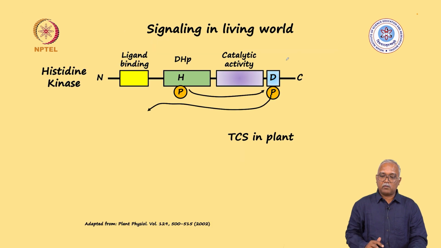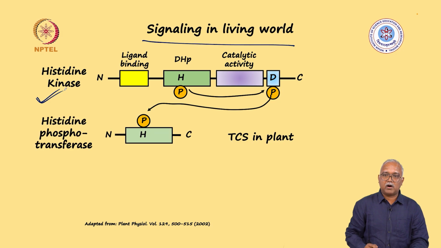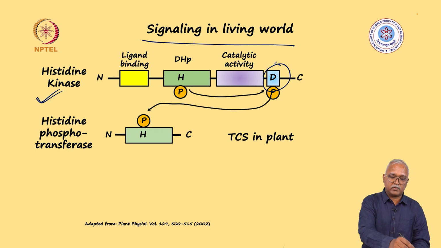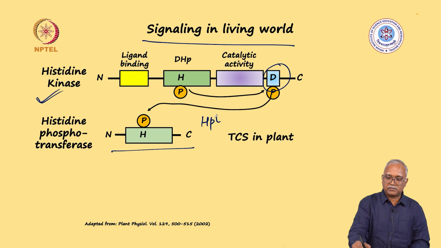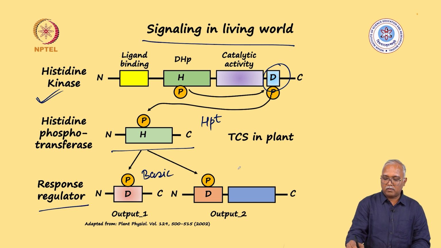But if you recollect, what we have already dealt with is signaling in the living world, where we saw histidine kinase, whether it was canonical or the hybrid type. Here you are seeing the example of the hybrid type, where there was an additional domain in your sensor kinase which needed the presence of another molecule from the class of histidine phosphotransferases, and then you had a response regulator which was either basic or more complex or evolved.